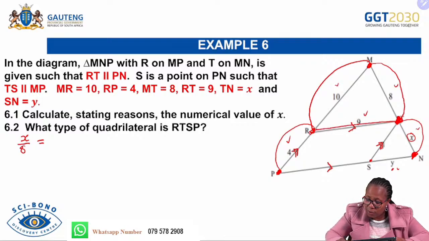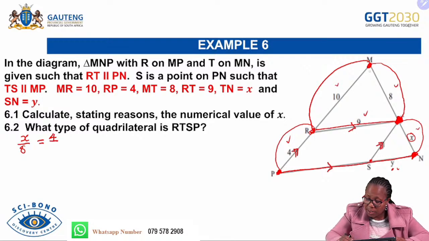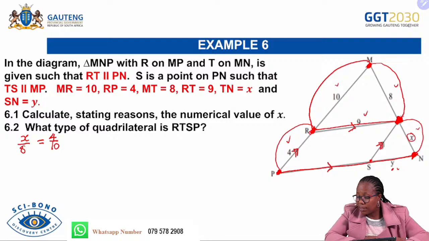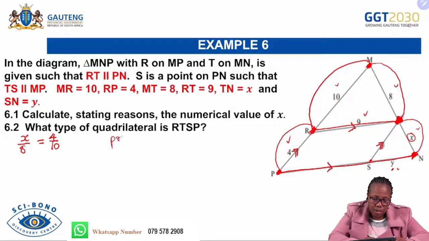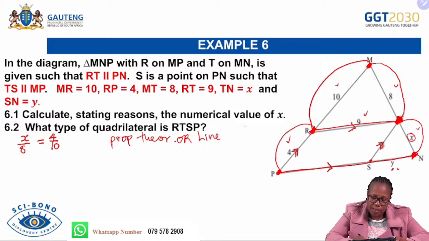This side, it goes this way. It is corresponding with PR, which is 4. And then MT is corresponding to MR, that means it will be over 10. And where does this come from? From the proportionality theorem that you were doing last week, grade 12. The proportionality theorem, or you can say a line parallel to one side.